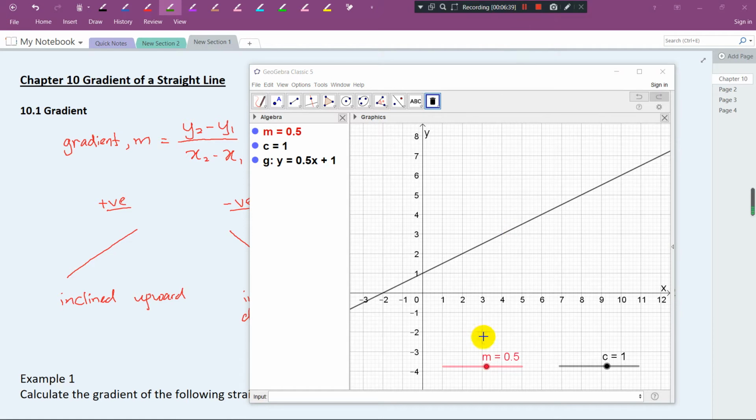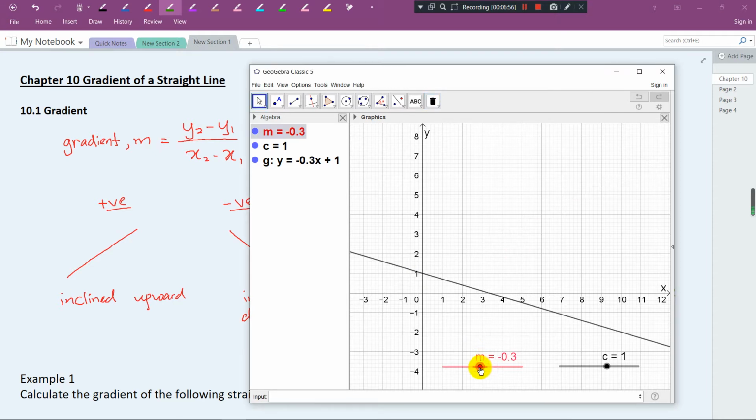Now let's look at when the gradient changes, how the steepness of a straight line will change. Take 0.5. When you see nothing here, it means positive. Positive means that the straight line is going upward.